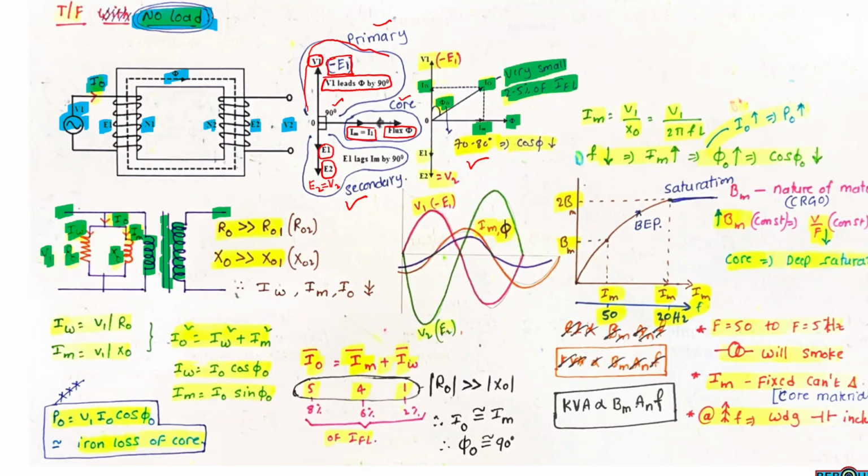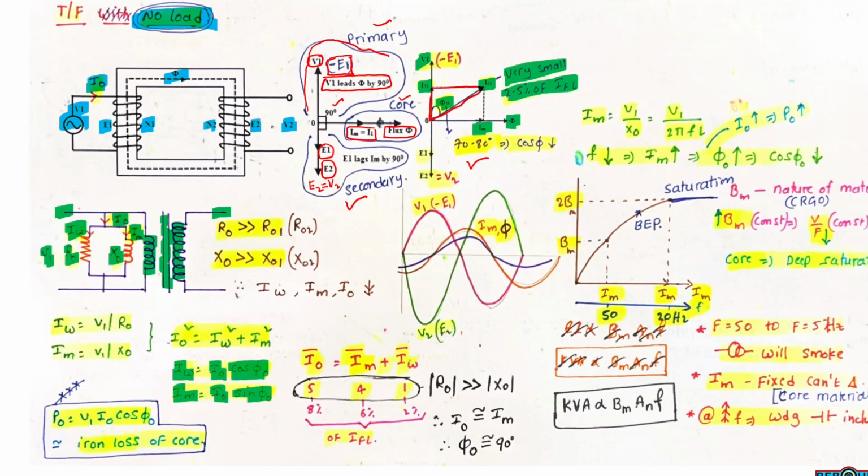And phi naught is the phase angle between supply voltage and no load current. The no load current is I0, which is segregated into IW and IM. IW is I0 cos phi naught, and the magnetizing current IM is I0 sin phi naught. This is derived from this triangle.